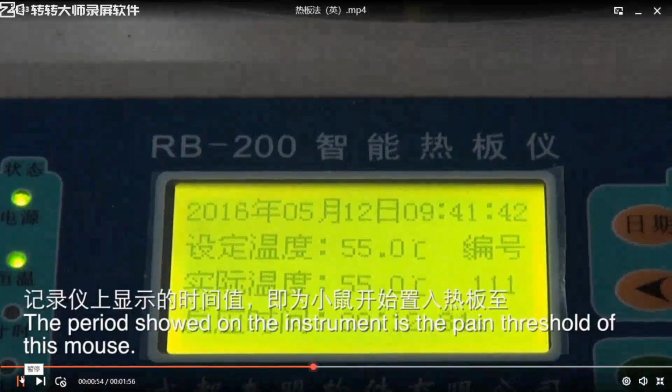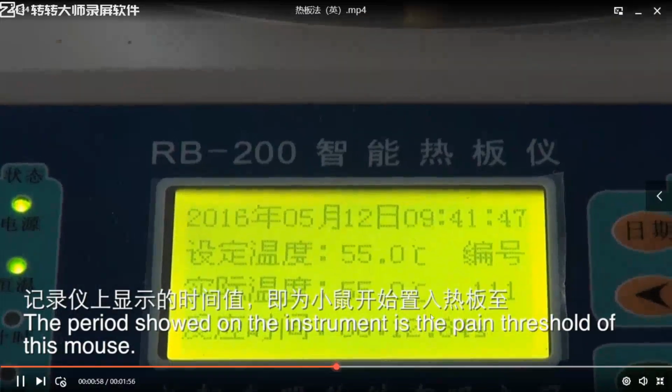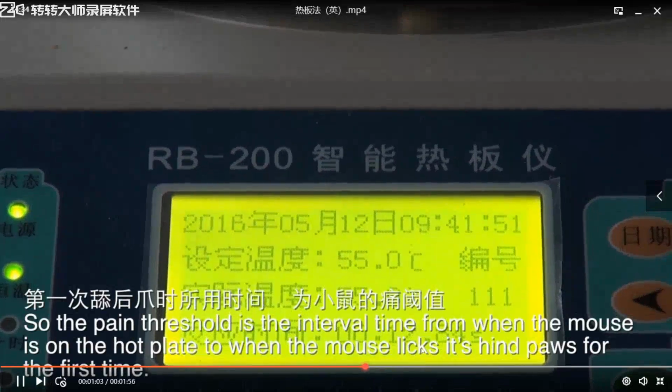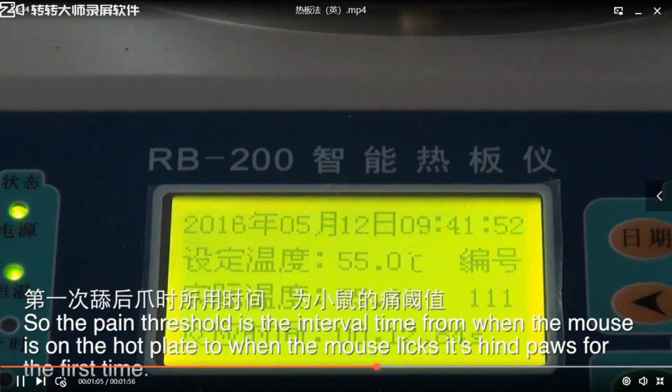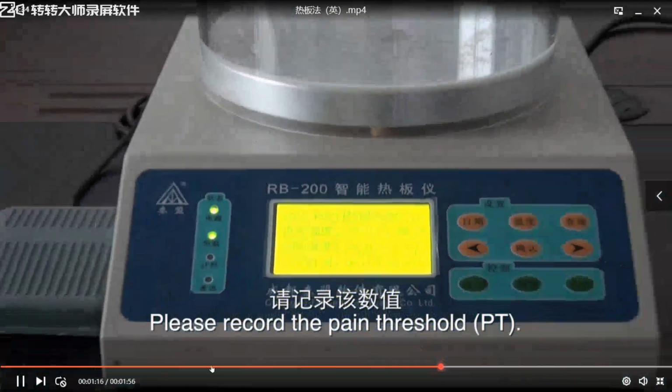The period shown on the instrument is the pain threshold of this mouse. So the pain threshold is the interval from when the mouse is on the hot plate to when the mouse licks its hind paws for the first time. Please record the pain threshold.